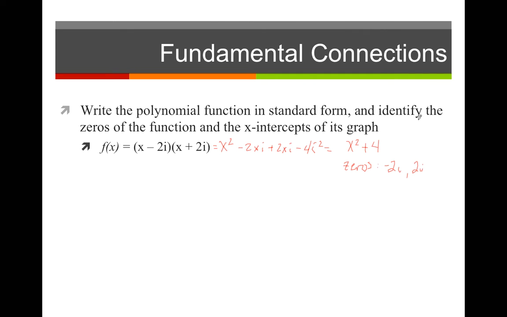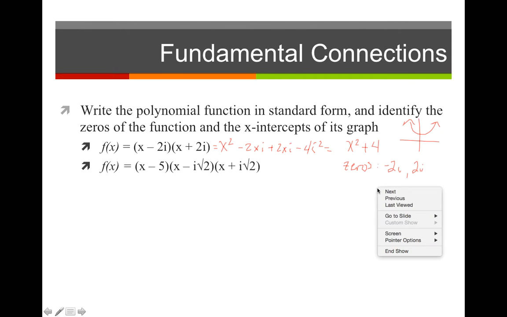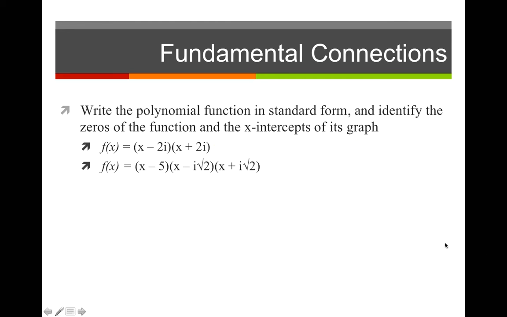And if you think about the function x squared plus 4, it looks like this. And there's obviously no x-intercepts on that particular function. But we can look at ones like this. A little bit more, and if you think about this, there are 3 factors, which means my answer is going to be a cubic. And what I like to do is I like to take care of the ugly ones first.